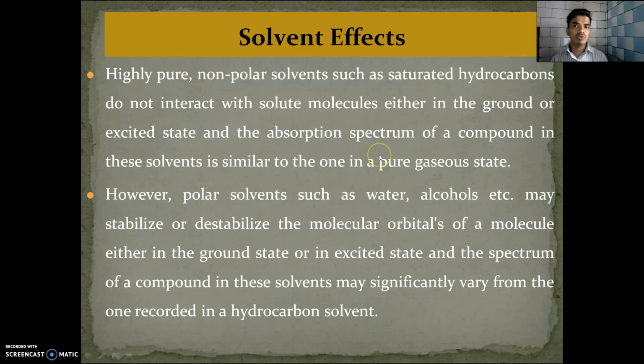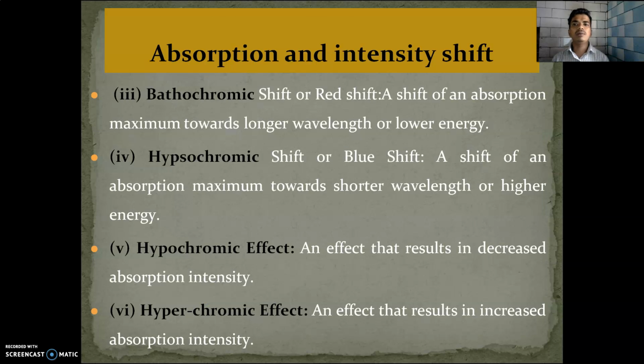First is the bathochromic shift, also called red shift. The name itself indicates a shift towards the red region: a shift of the absorption maximum towards the longer wavelength or lower energy.